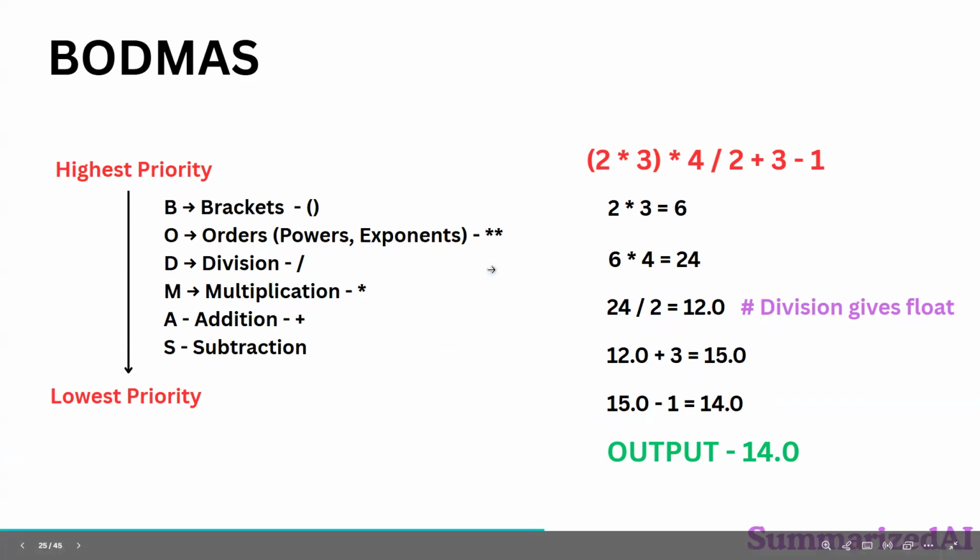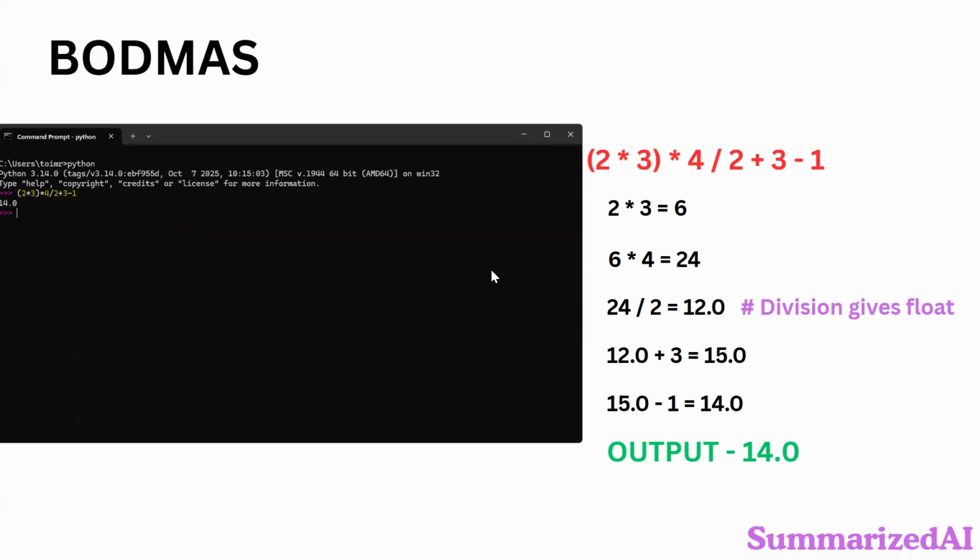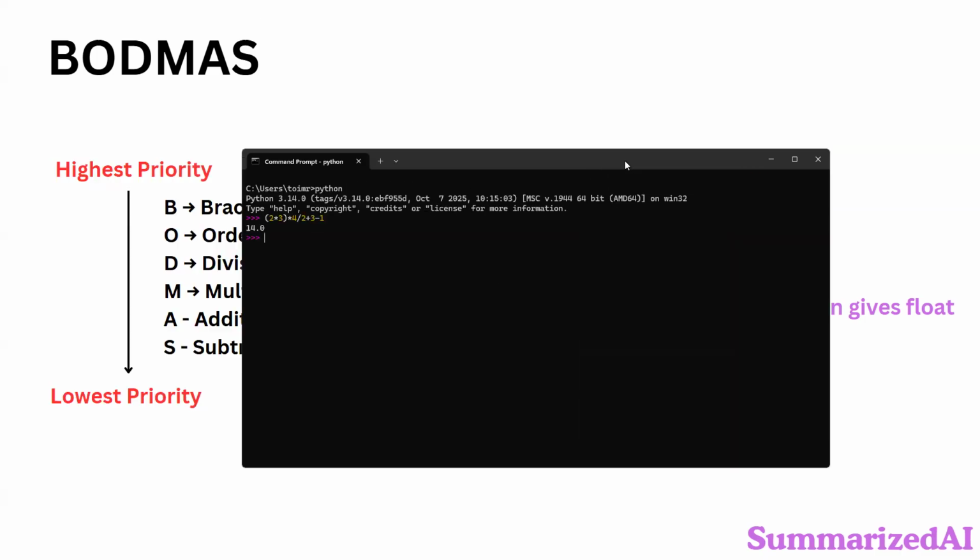Now let's take one more example and make this particular thing interesting. Okay. So let's say 5 plus 3 into 2 into 2, and then this time we are going to take exponentiation, and then we are also going to take the floor division here.